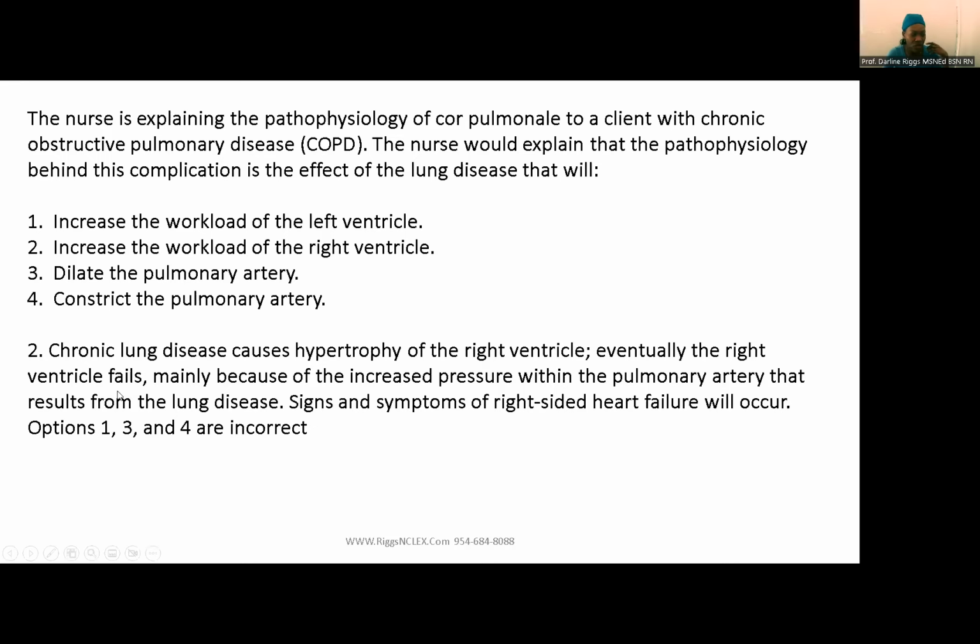So the right ventricles are going to fail because of the increased pressure within the pulmonary artery that results from the lung disease, from the COPD. So right-sided heart failure is going to happen, even though it's from a respiratory problem. Great question to show the connection. And you have to really know patho to get this question correct.